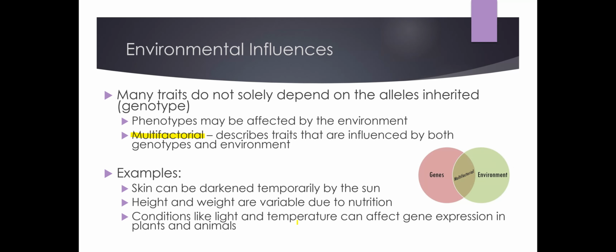You can also see this in gene expression in animals and plants. So like rabbit coloring can vary depending on the temperature and whether or not the gene gets turned on. Light can do the same thing for plants. And so the big takeaway here is that it's not just your genetics for some of our traits. Some of them can be influenced by the environment as well.